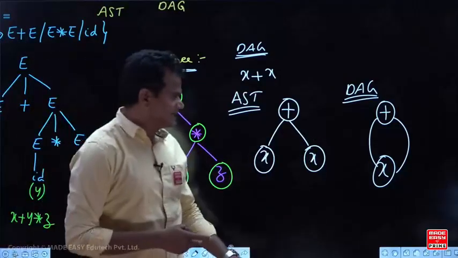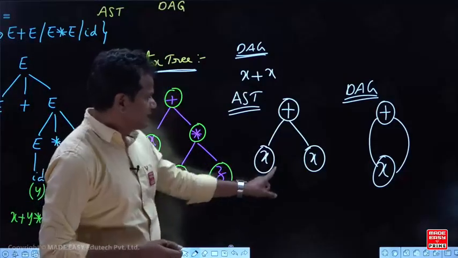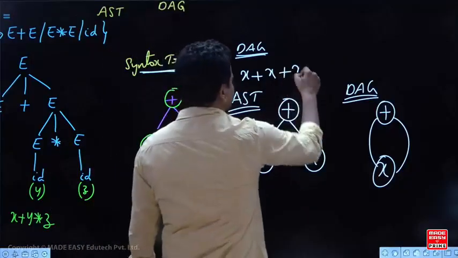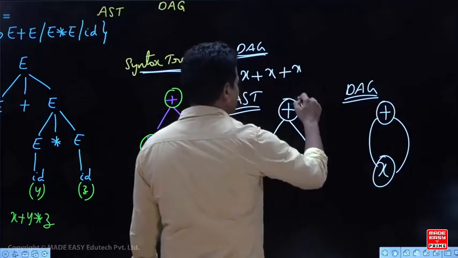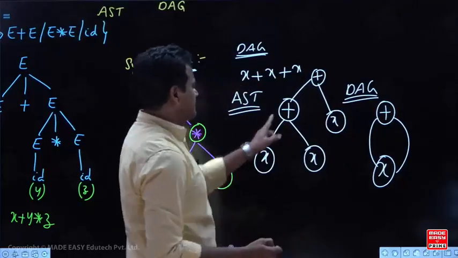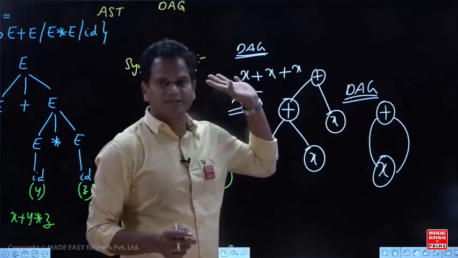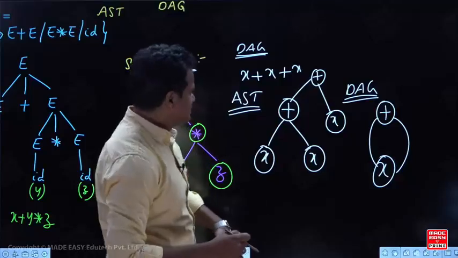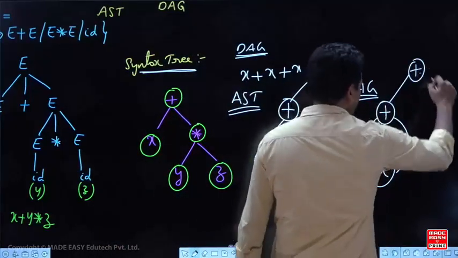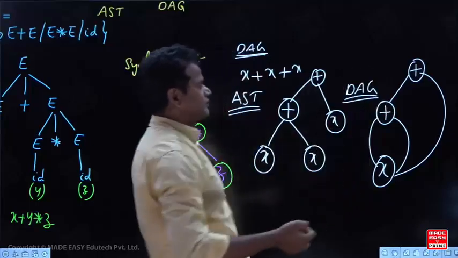In an abstract syntax tree, for example, x plus x is there, so we take one more plus and take this x. So x plus x plus x, this is the abstract syntax tree. But in the case of a DAG, if you need one more x, we already have created that, so we will make use of it.